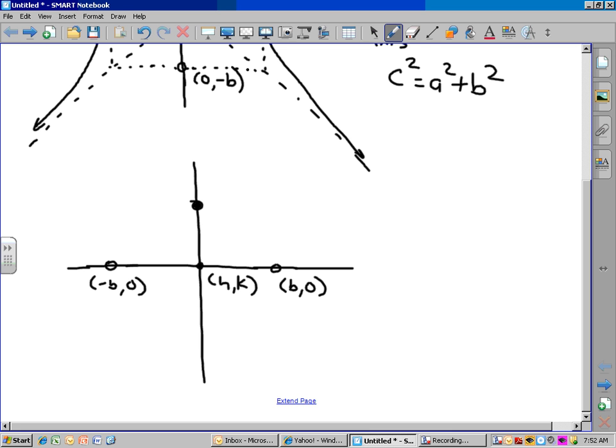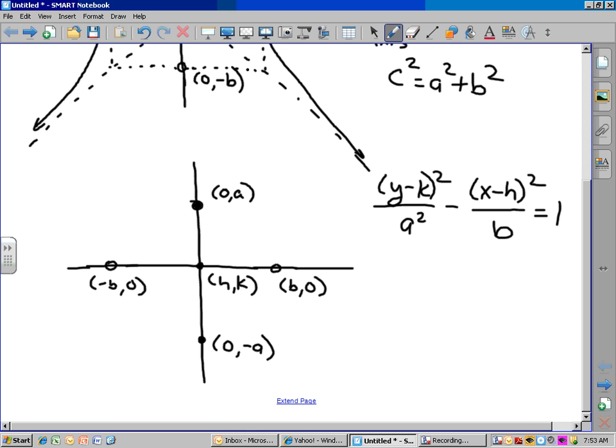They just help us form the fundamental rectangle. (0, a), (0, negative a). That's going to go with y minus k squared over a squared minus x minus h squared over b squared equals 1.